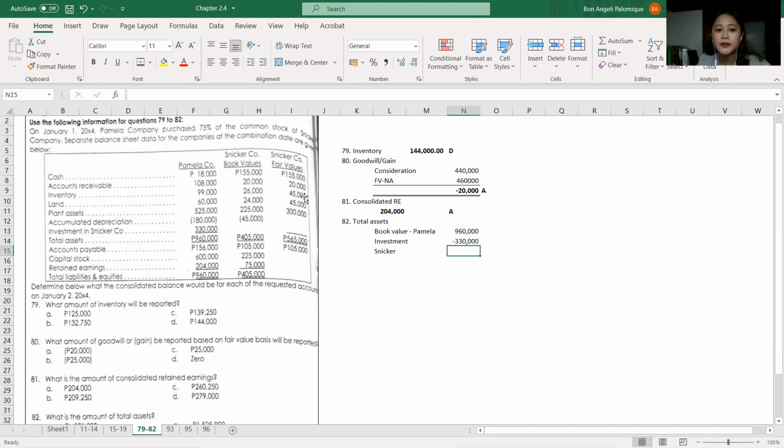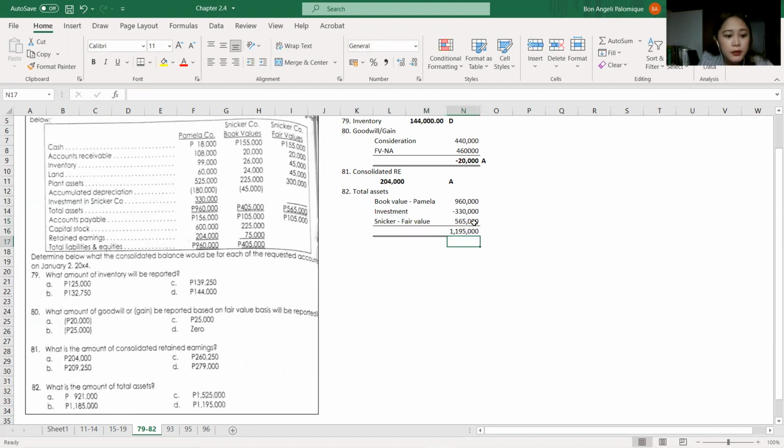So, pwedeng fair value na agad yung maging basis mo, para hindi mo na gawin yung book value plus over-under valuation. Kailangan mo lang yan to get the differential actually, yung term natin kanina. So, 1195, letter D. Okay.